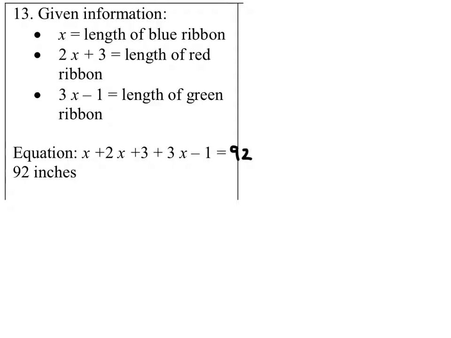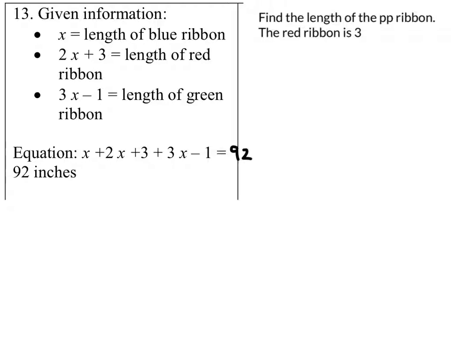So first off, let's find the length of the purple ribbon. That'd be good. All right, and the length of the red ribbon is 2 times the length of the purple one, but 3 more.